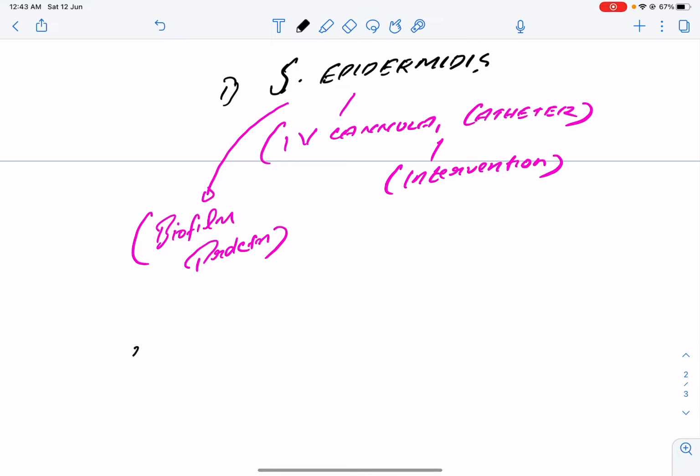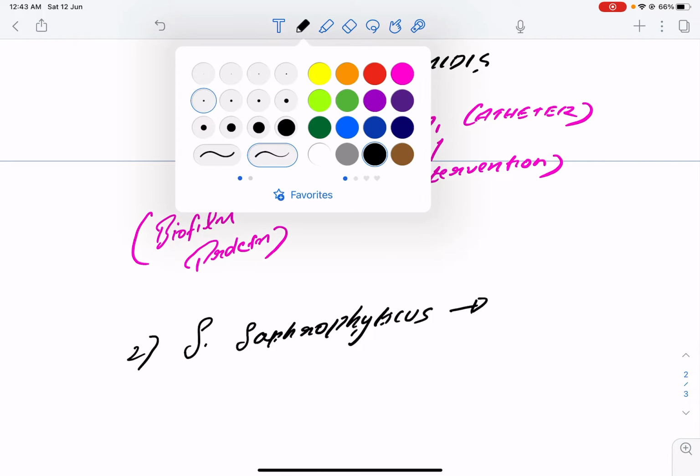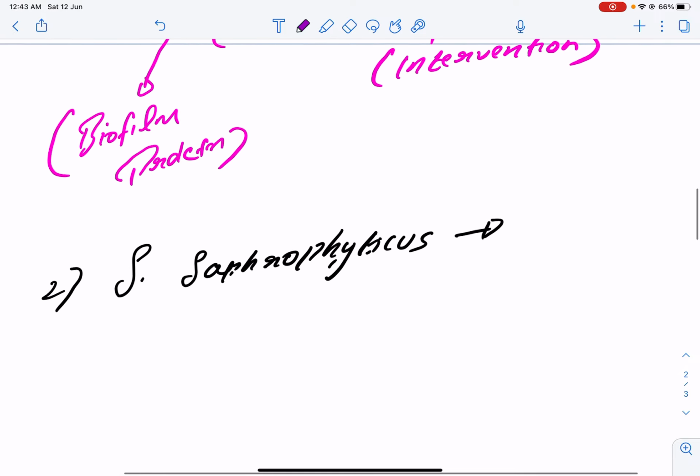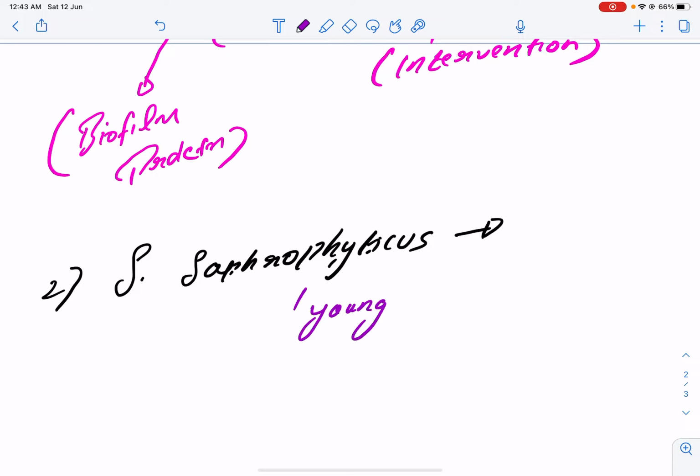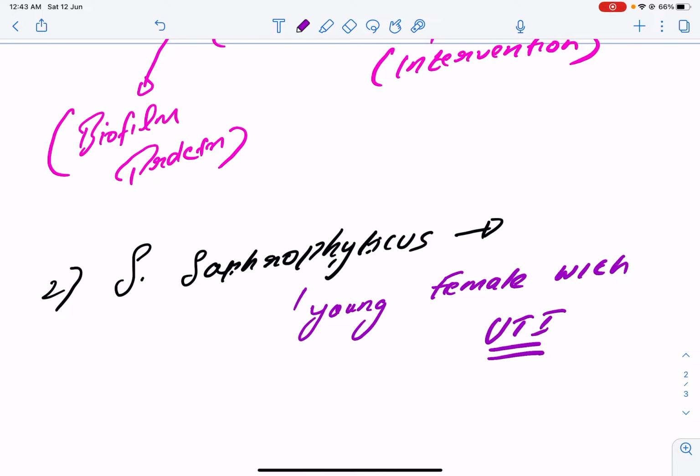Next one, what is the next bacteria here? Staphylococcus saprophyticus. It's very easy to remember. In the exam, the question comes like a young female coming to us with complaints of UTI, urinary tract infection.